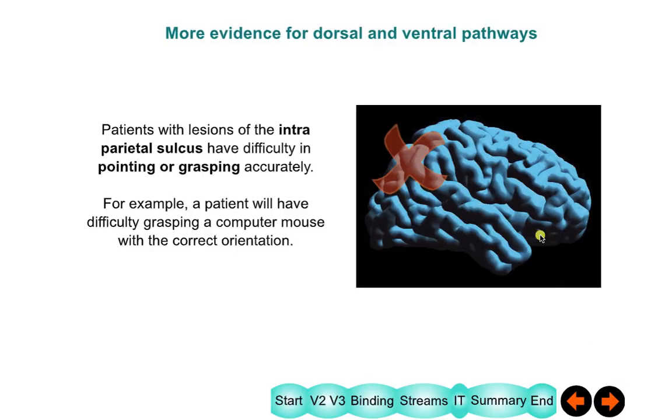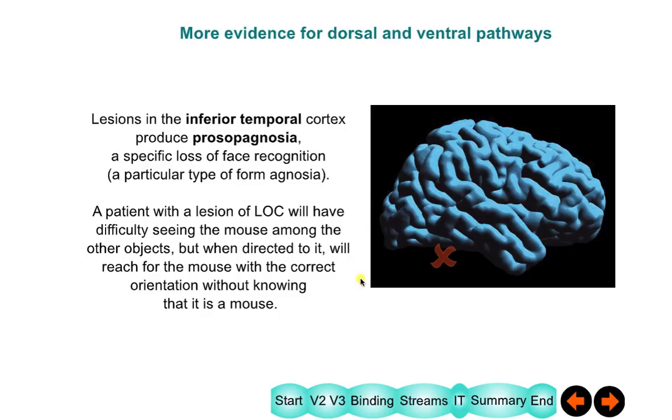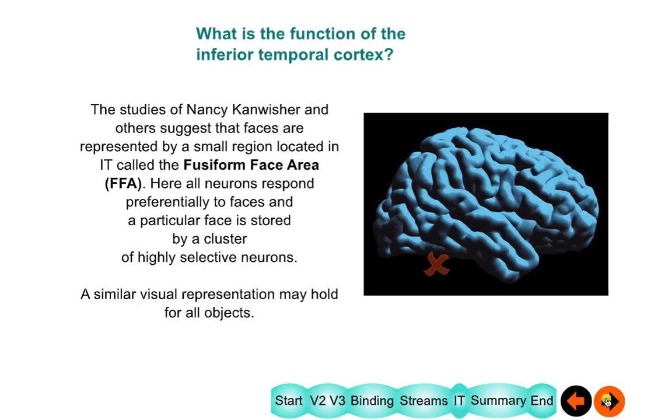So, again, if you have a lesion of this area, as you might expect, a person will have difficulty pointing or grasping accurately. If you have a lesion of this part of the brain, for example, LOC, you'll have difficulties finding the mouse from a whole bunch of other objects, and other problems with other areas.